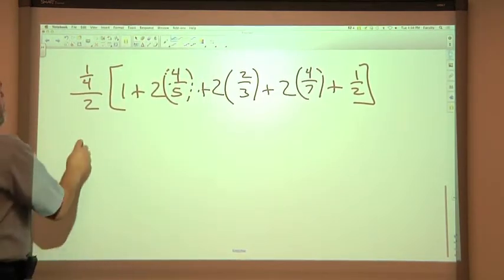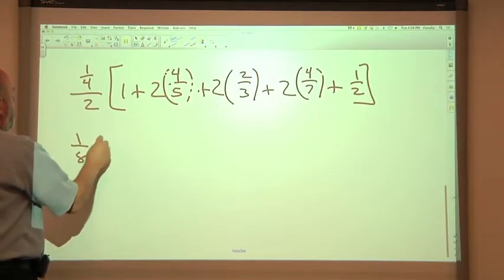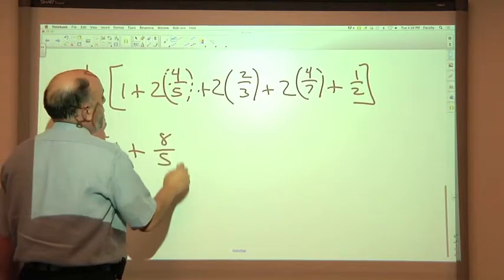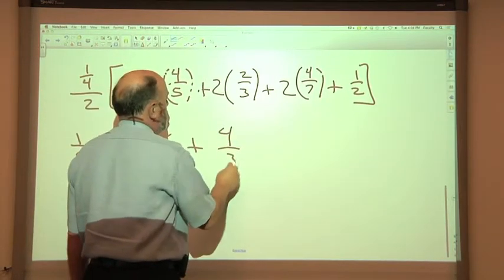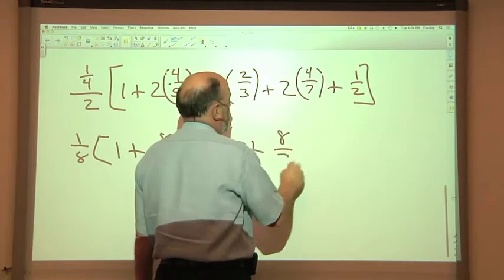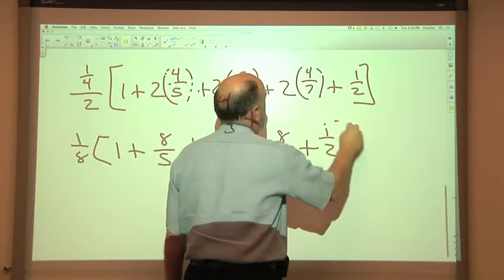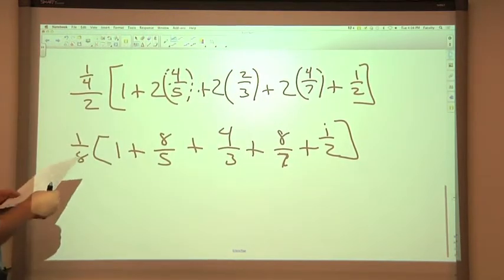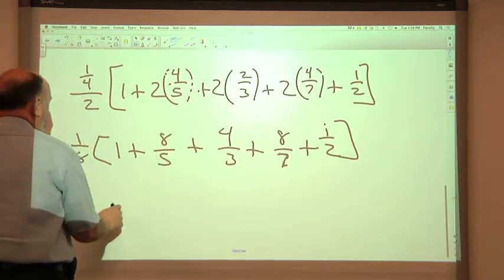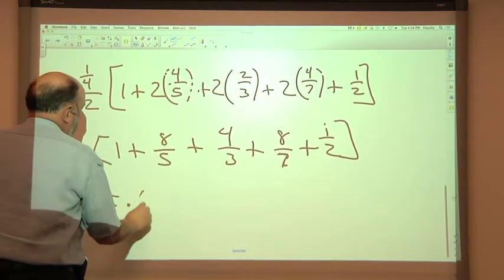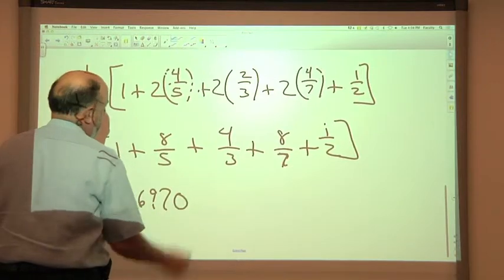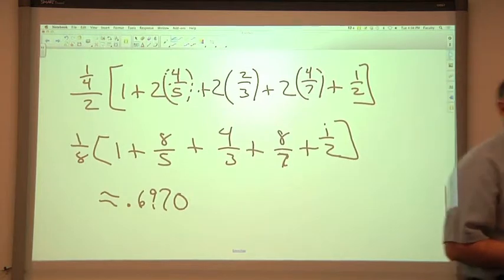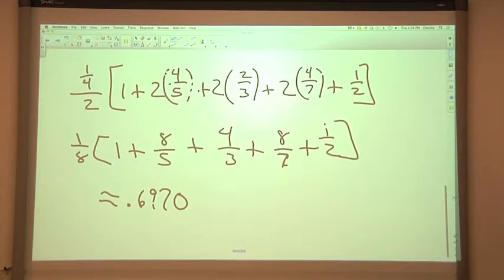So 1/4 over 2 ends up being 1/8. This will be 1 plus, this is going to be 2 times 4/5, which is 8/5. This will be 4/3. This will be 8/7. And then this will be 1/2. And if you plug all this in, you end up that this will come out to be 0.6970. And so that gives us an approximate answer for this particular question.